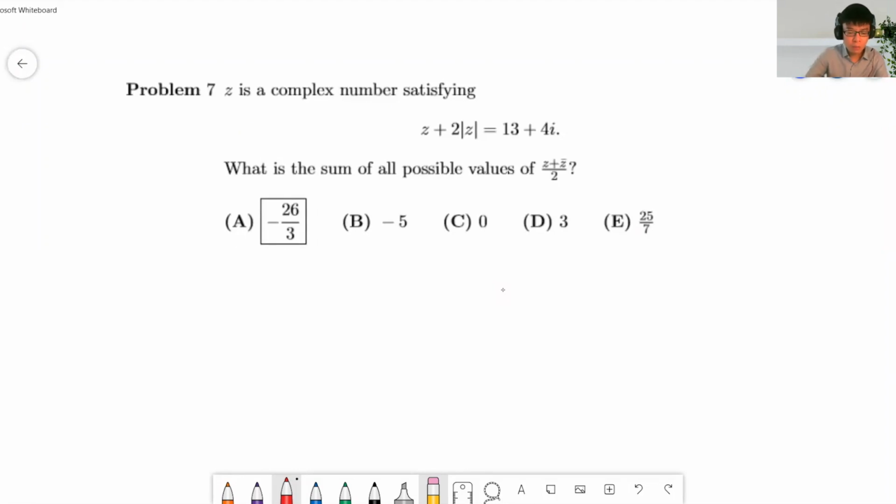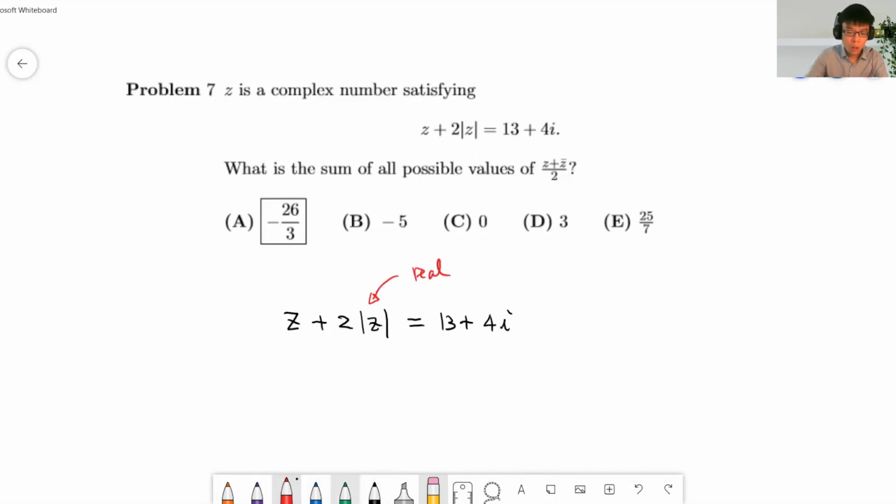From this equation, we can basically determine the imaginary part of z, because on the left-hand side is z plus twice modulus of z equals 13 plus 4i. Notice that the second term on the left is a real number.